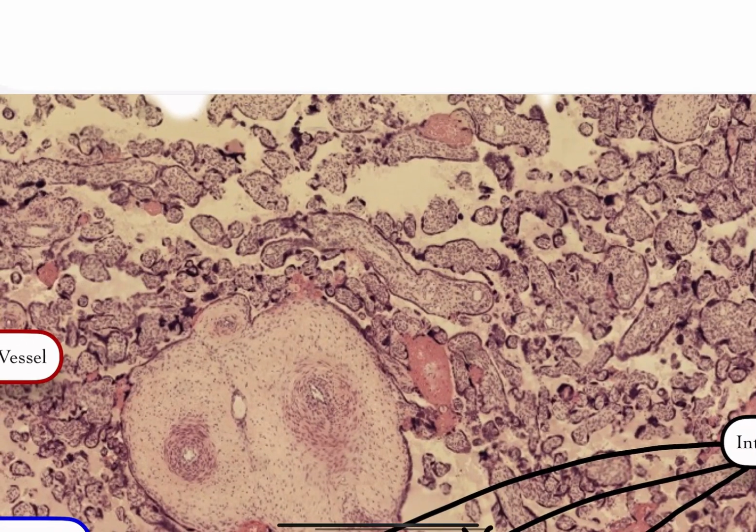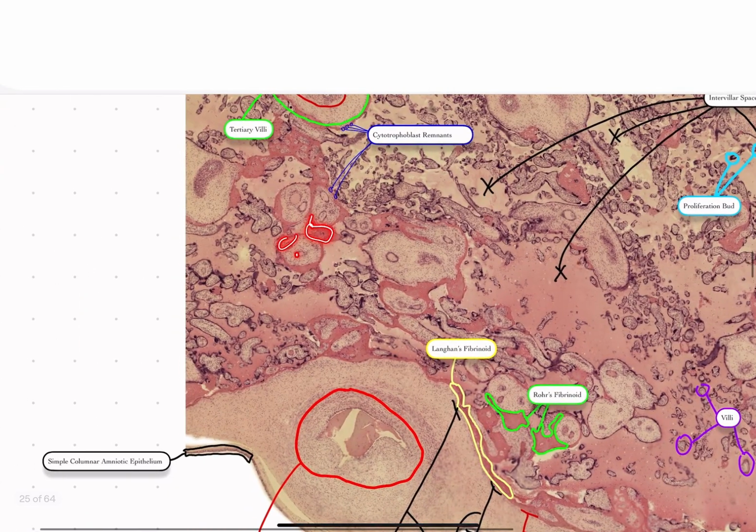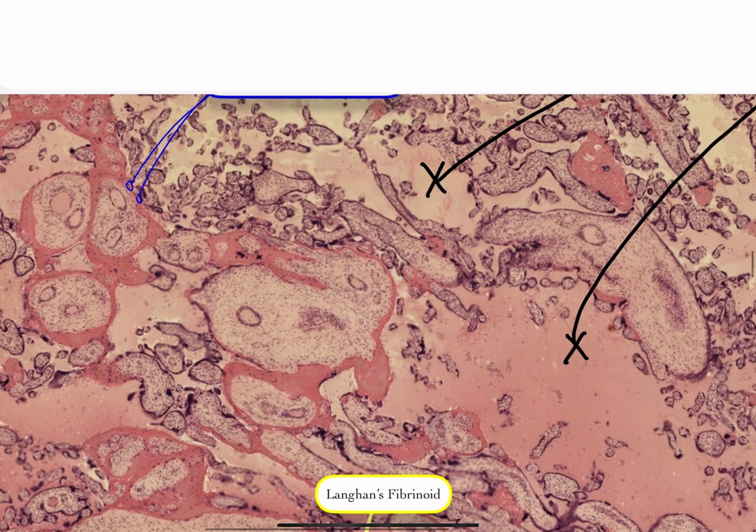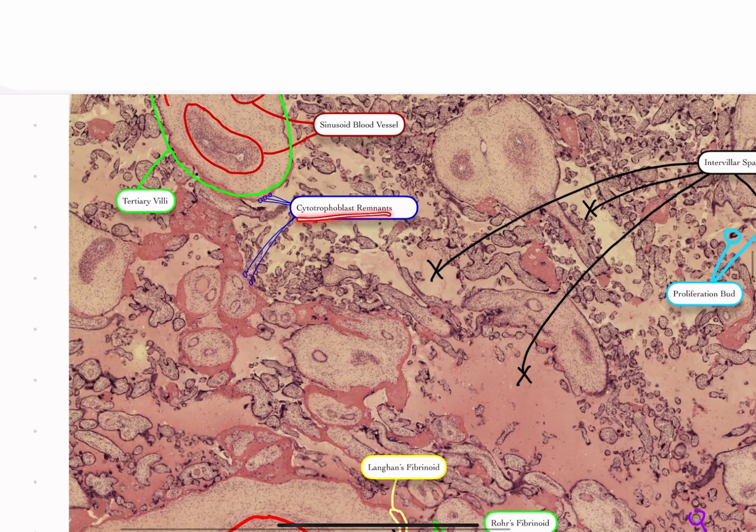This would be an example of old placenta. Again, it has more ros fibrinoid here, and also this border of the tertiary villi doesn't look thick at all, and it doesn't look like it has more than one cell layer. It looks like it barely has one. So these are the cytotrophoblast remnants.